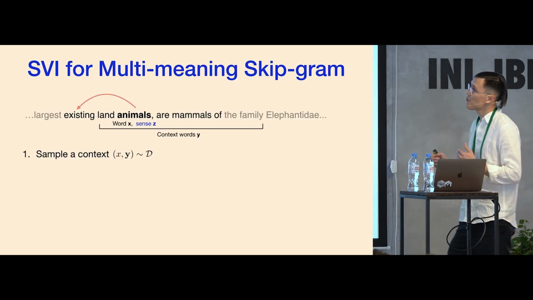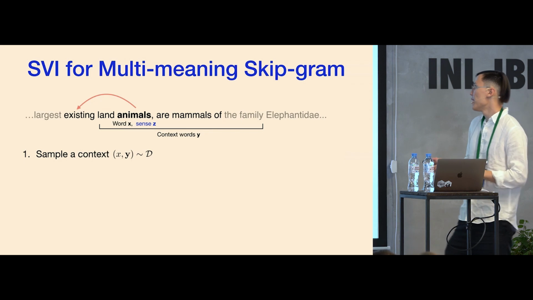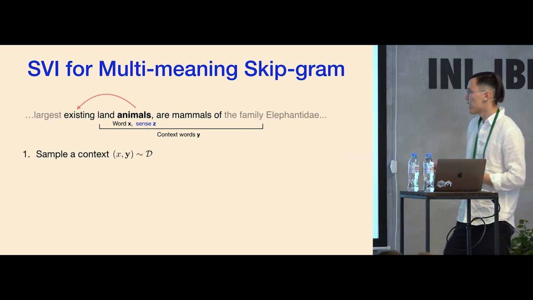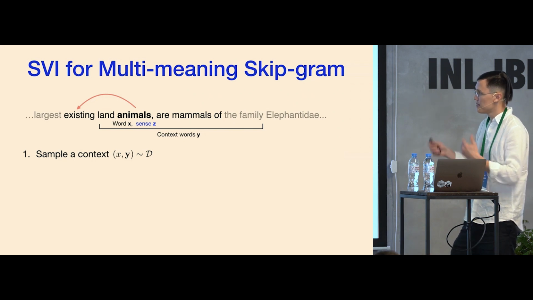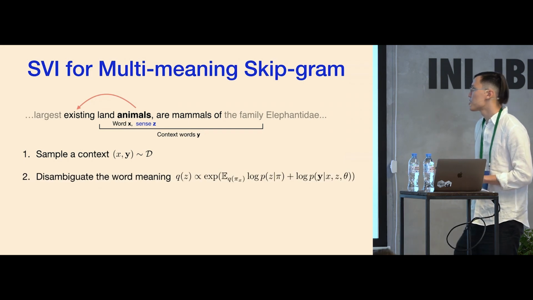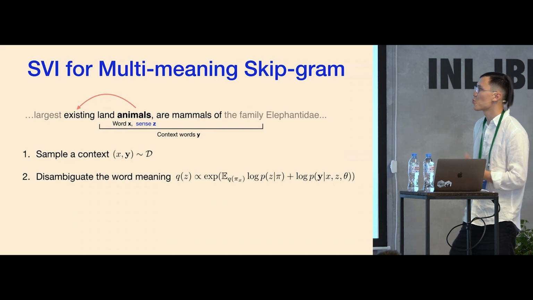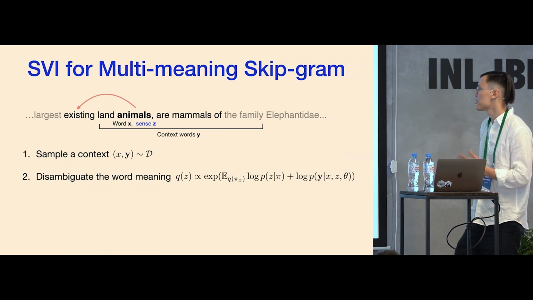As before, we're simply reading the text sequentially, one word after another. Imagine now we look at this word. We assume that we sampled this word and its context from the whole collection of words. Then we need to decide in which sense or which meaning it has been used in this context.